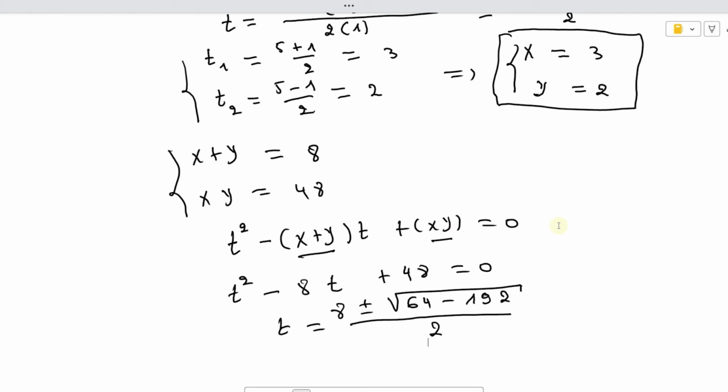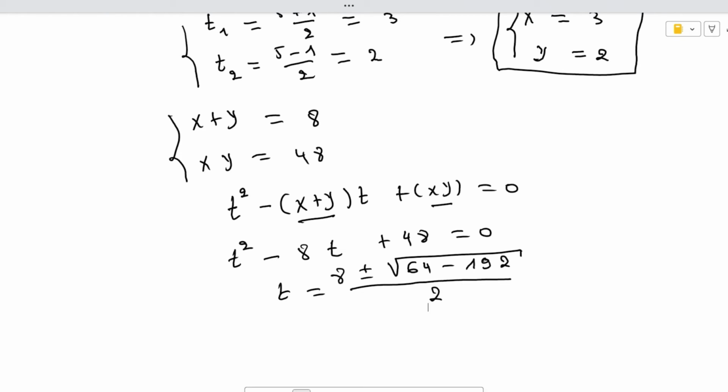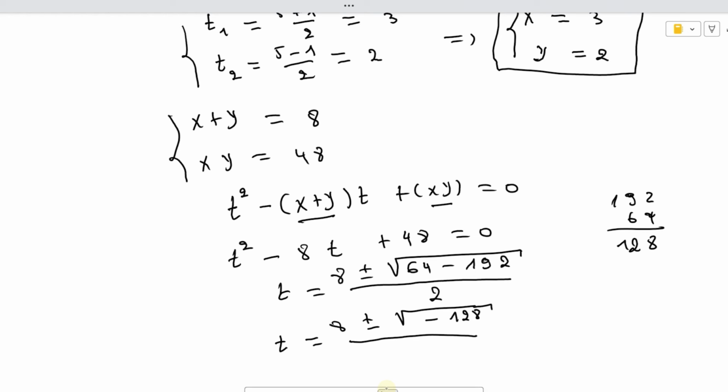So then, what are we going to get? Then t will be equal to 8 plus or minus the square root of 64 minus 192, which is negative 128, over 2.